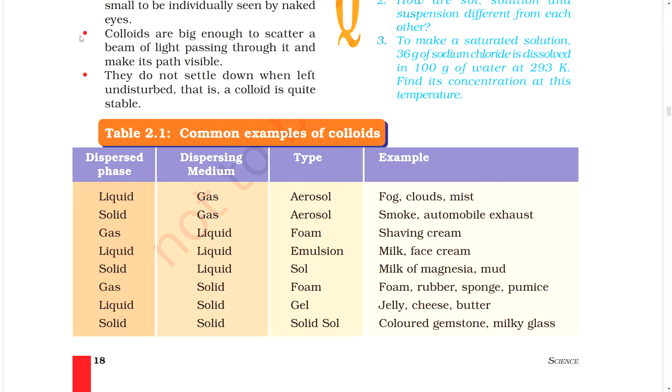Gas, liquid, foam: shaving cream. Liquid, liquid, emulsion: milk, face cream. Solid, liquid, sol: milk of magnesia, mud. Gas, solid, foam: foam rubber, sponge, pumice. Liquid, solid, gel: jelly, cheese, butter. Solid, solid, solid sol: colored gemstone, milky glass.